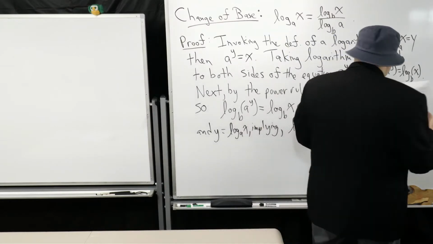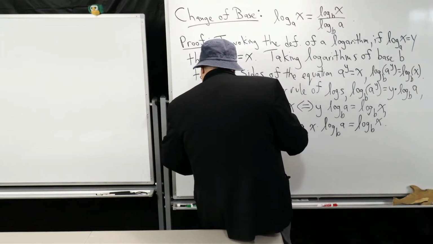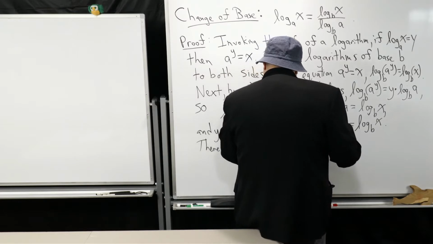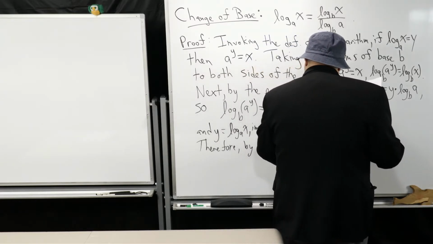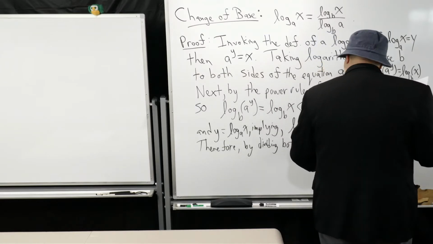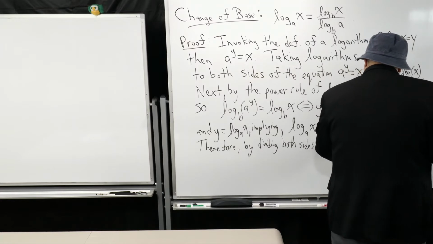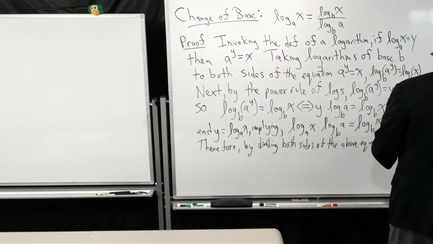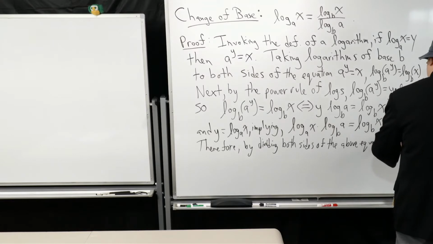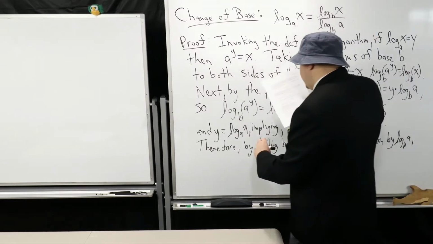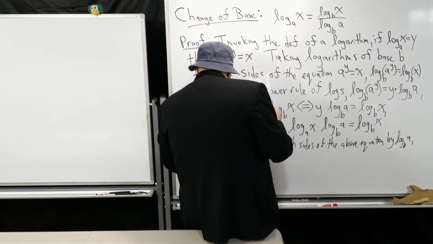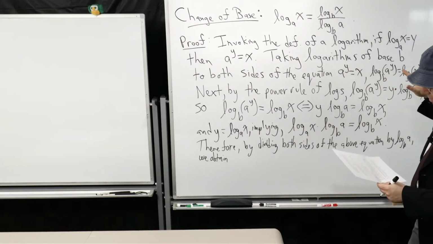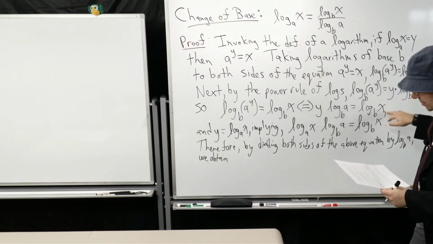So now what am I going to do? I can just simply do the following. Therefore, by dividing both sides of the above equation by log base b of a, we obtain: so I'm just going to divide both sides of this by log base b of a.